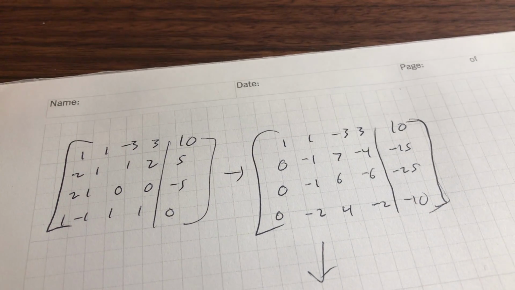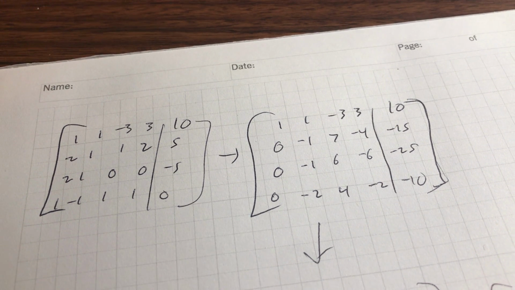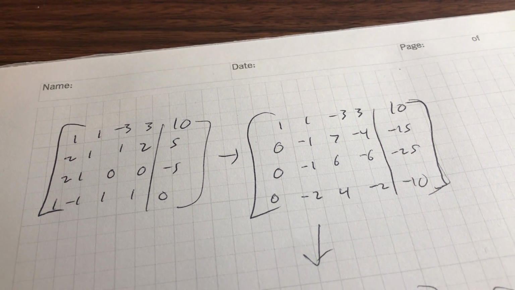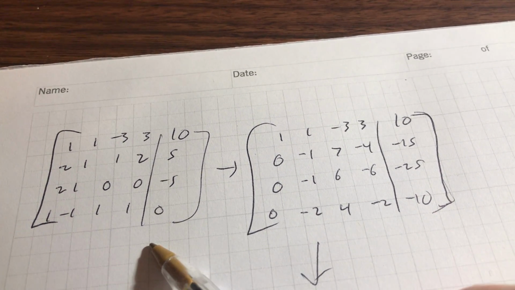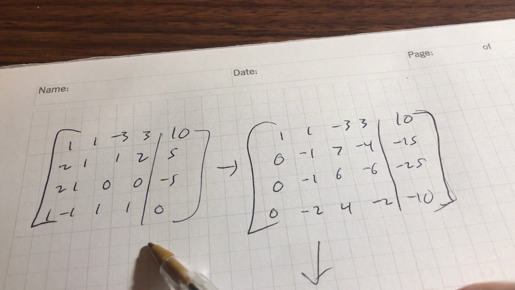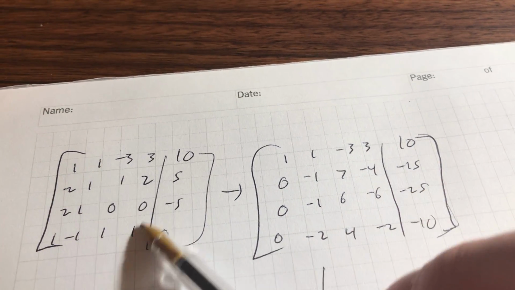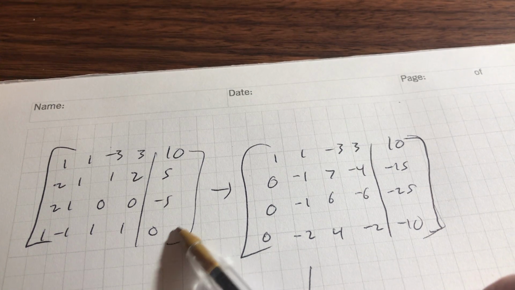Let's do this example of using the elementary row operations and solve this system. Okay, so we have a 4x5 here. So here's this augmented 4x4 matrix, and these are the answers on the side.